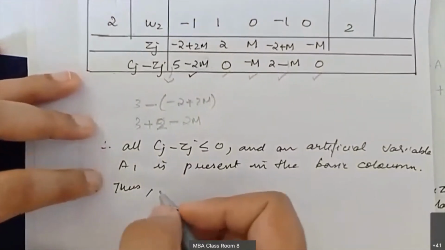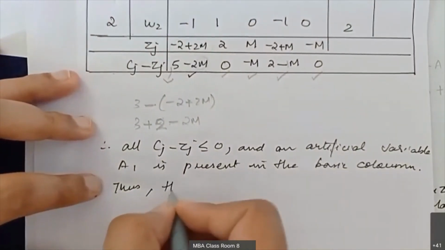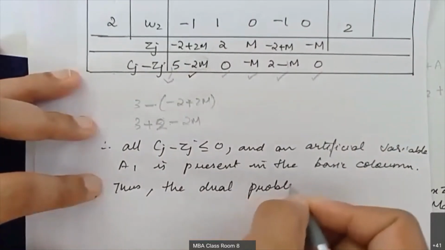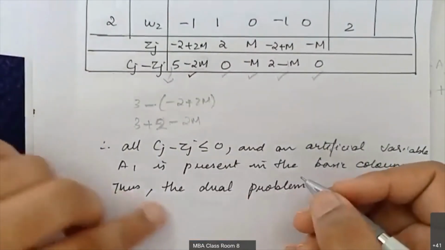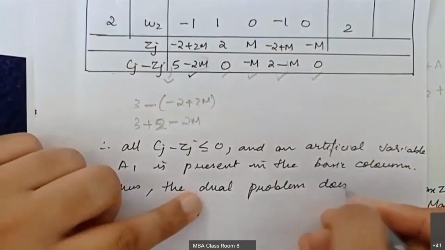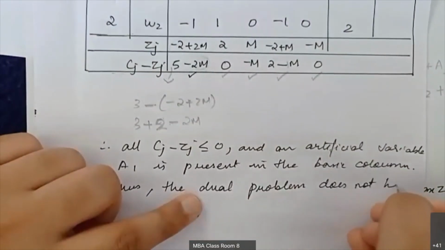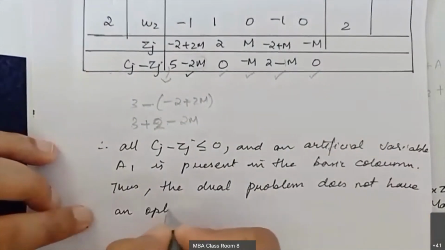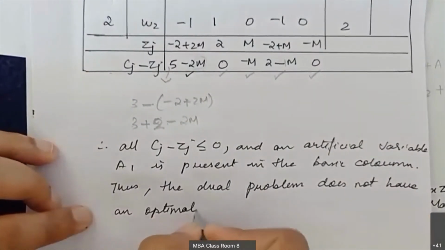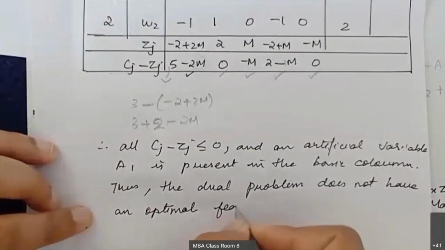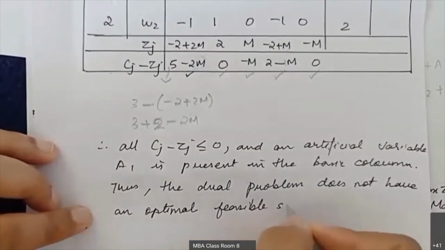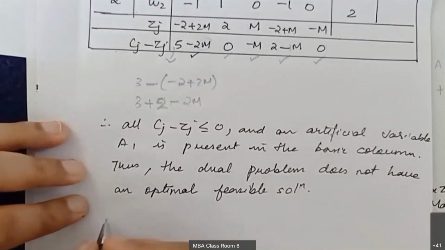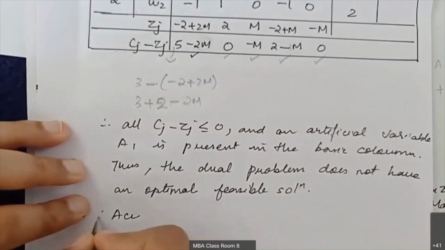Thus, the dual problem does not have an optimal feasible solution.